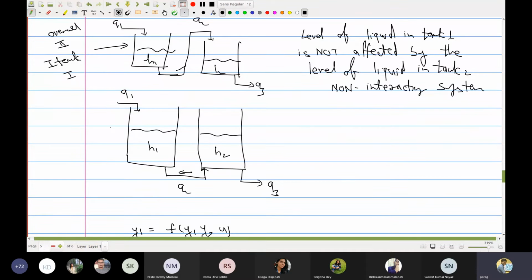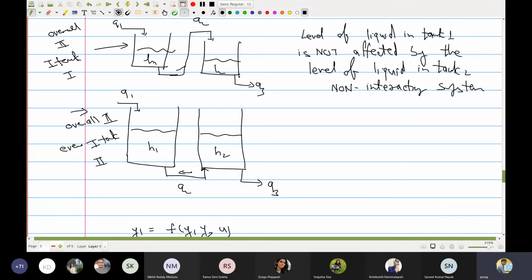In this case, overall is second order, but even the first tank is second order, which means that even the change in the level of the first tank will be slower as compared to the first case.